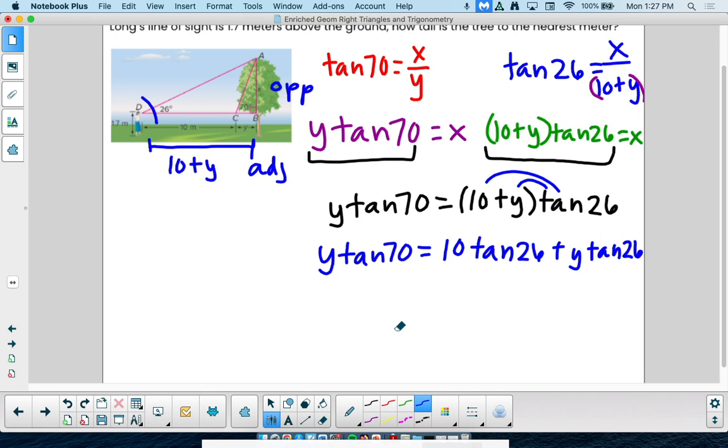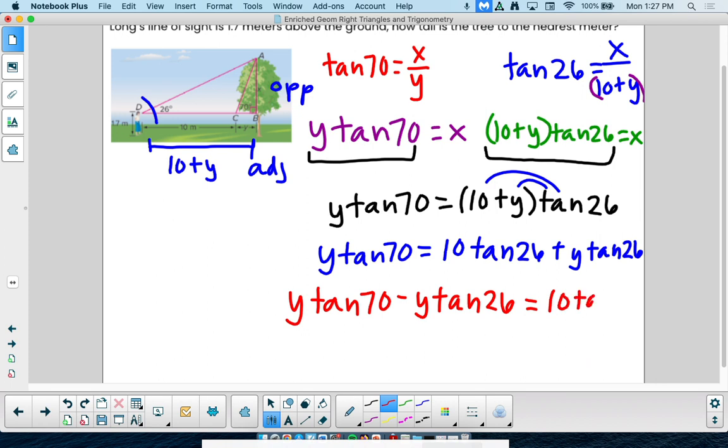So if I'm adding Y tangent 26, we're going to subtract it over. So then would you do 70 minus 26? No, we can't do that. You're getting close. I'll show you. We got one thing you got to do before then. So we got our Y's to the same side.